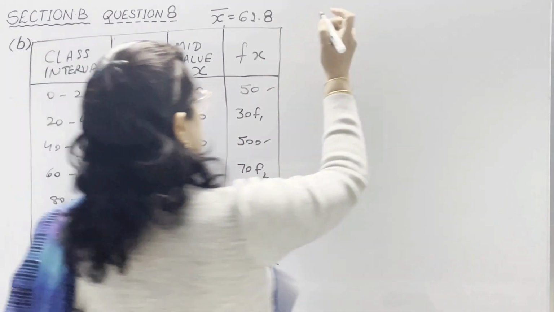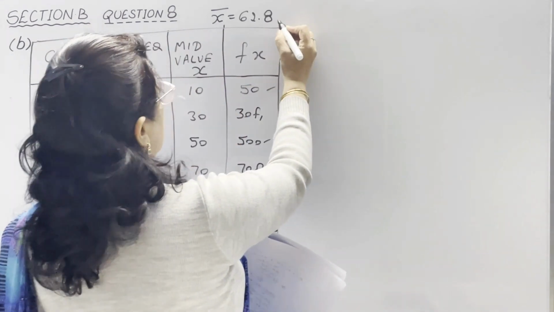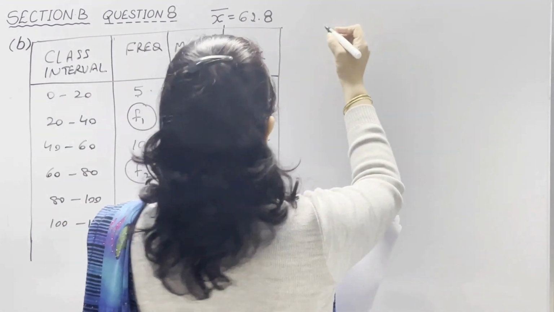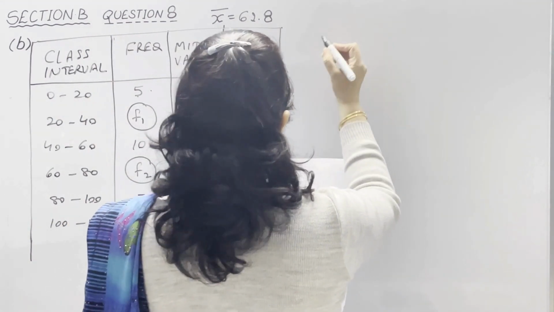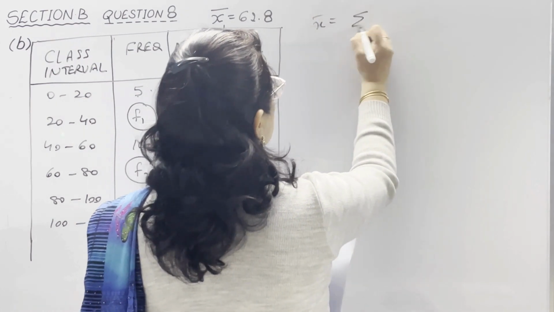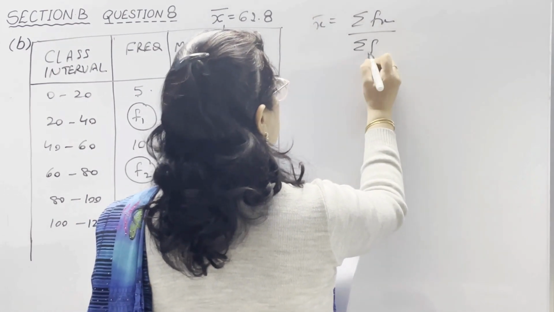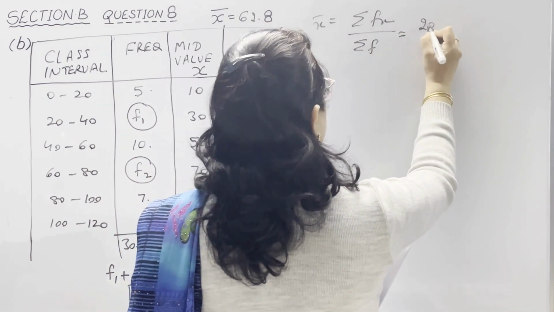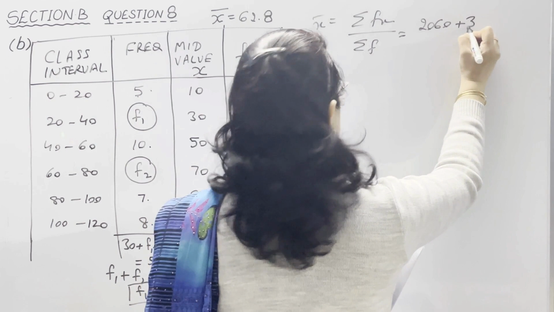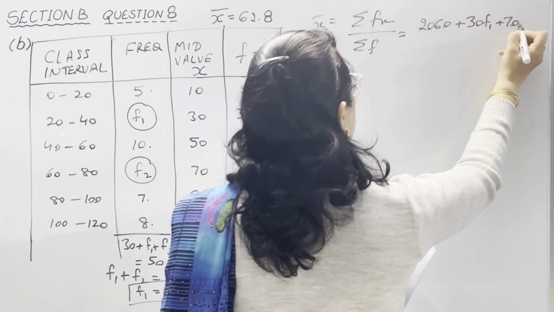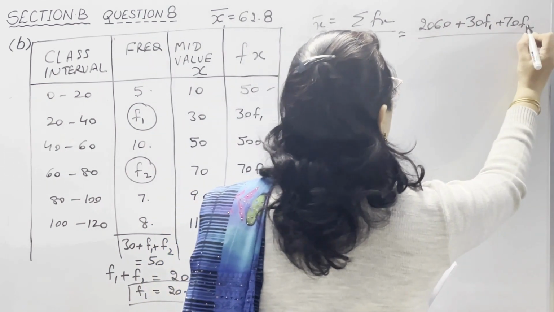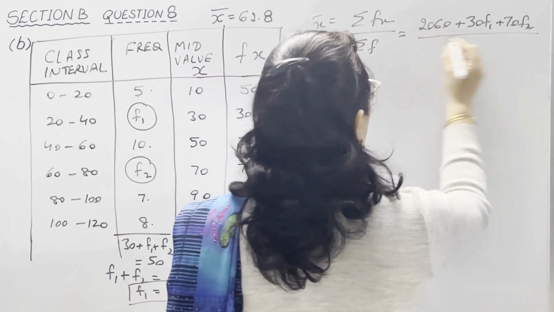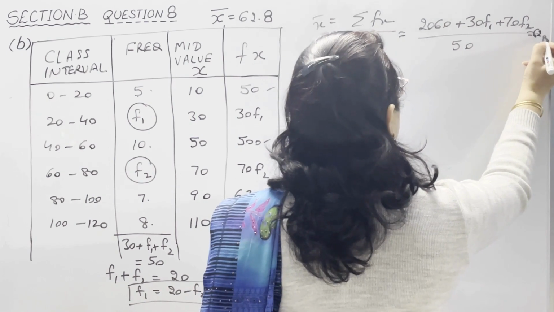It is given in the question that mean is equal to 62.8 and the sum of frequencies is 50. So mean is equal to sigma fx divided by sigma f, direct method. Sigma fx is 2060 plus 30 f1 plus 70 f2, divided by sigma f which is 50, and overall it is equal to 62.8.